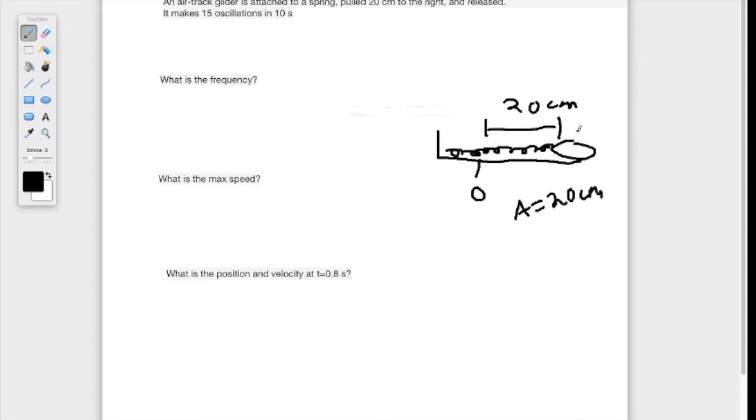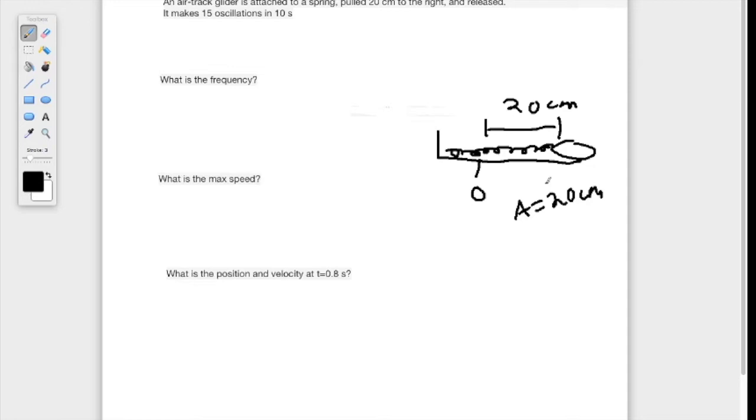Because you're pulling it back a certain distance, and when it oscillates, it's not gonna go farther than that distance without an external force, assuming again it doesn't have friction.